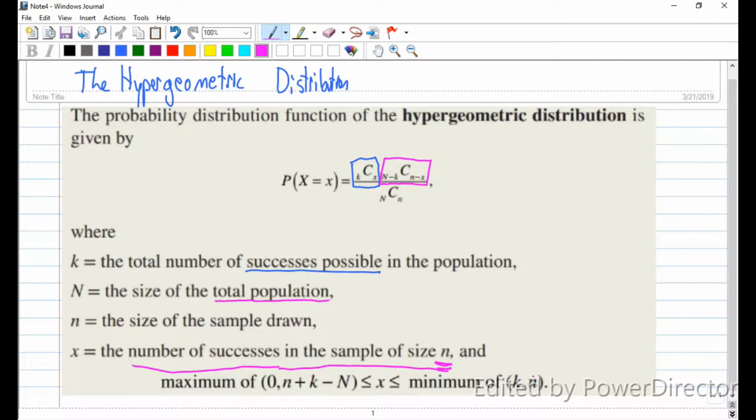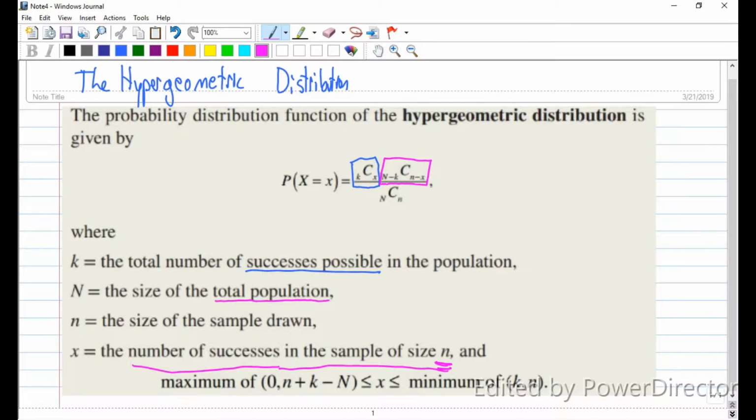Most of the times that's not really gonna make that big of a difference. It's a little confusing there at the bottom. But I'm sure that you could word a problem in such a way that you'd have to worry about that, but most of the times you're not going to have to worry about that. But the number of successes in the sample size n is what the little x is equal to.